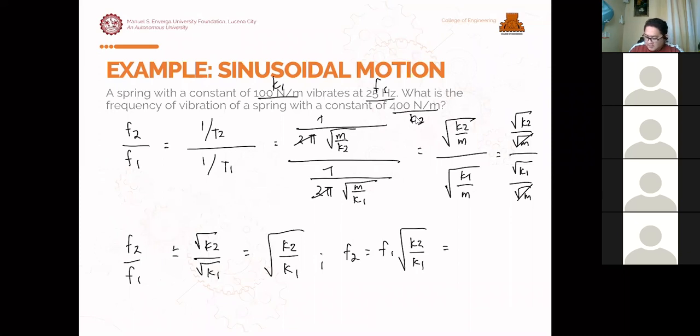So, substitute natin, F1 natin is 25 Hertz, square root of 400 Newton per meter, divided by 100 Newton per meter. Cancel out natin. F2 is equals to 25 times square root of 400 over 100 is 4. Square root of 4 is 2. So we have 50 hertz. Okay?